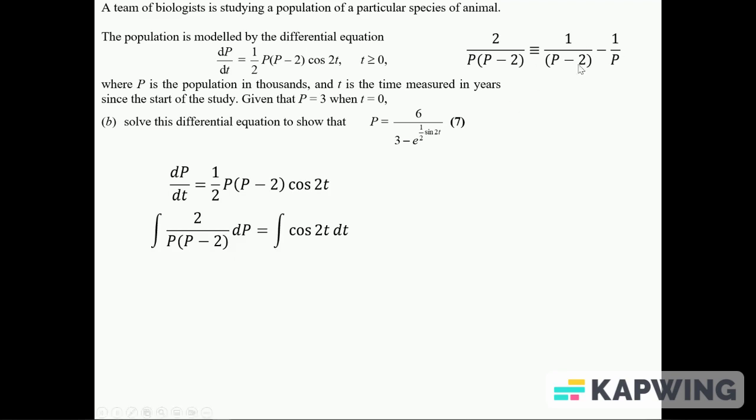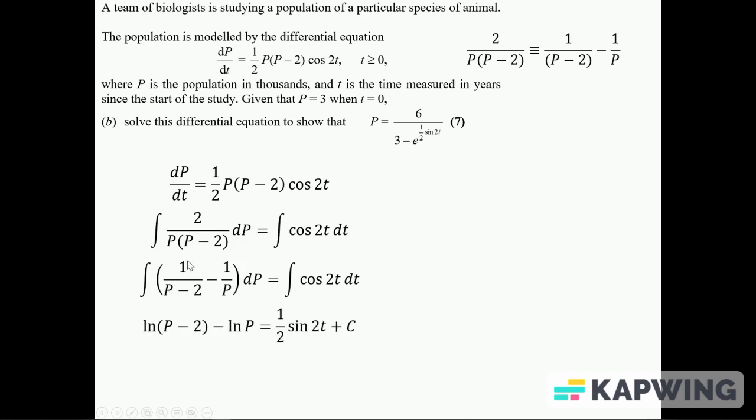We're going to use the partial fractions we did in the first part of the question. So we write this in the partial fractions form, which we can then integrate. So this is going to be ln of p minus 2 minus ln p. And this is a half sine 2t.